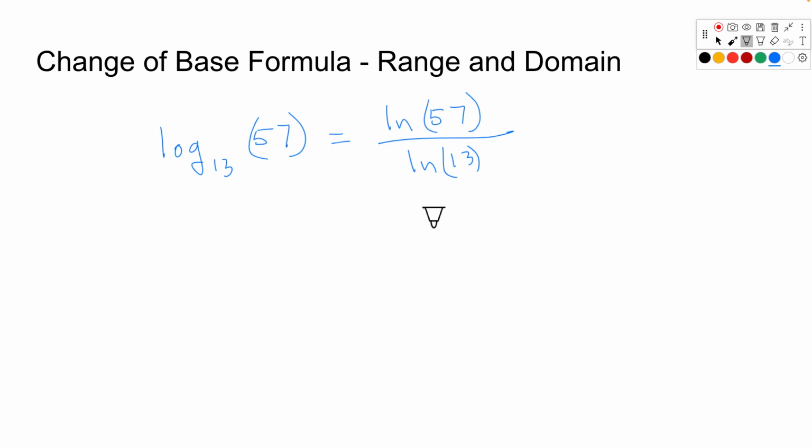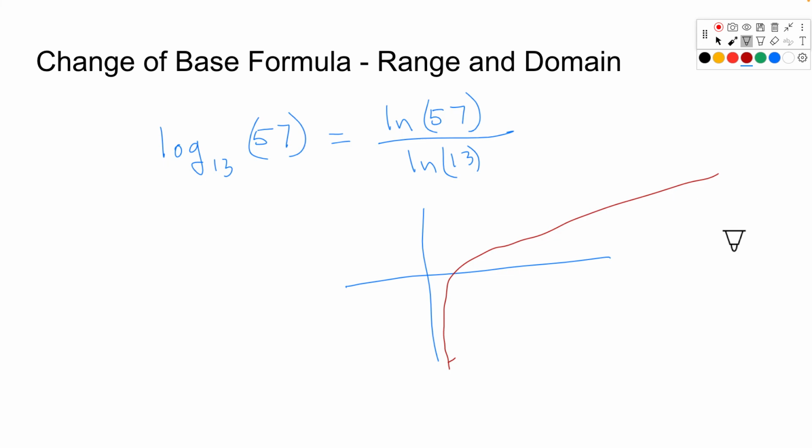The other thing you'll see is on a logarithm, when you graph them, the graph goes something like this. So the range is from negative infinity to positive infinity, but the domain is from 0, not including 0, all the way to infinity.